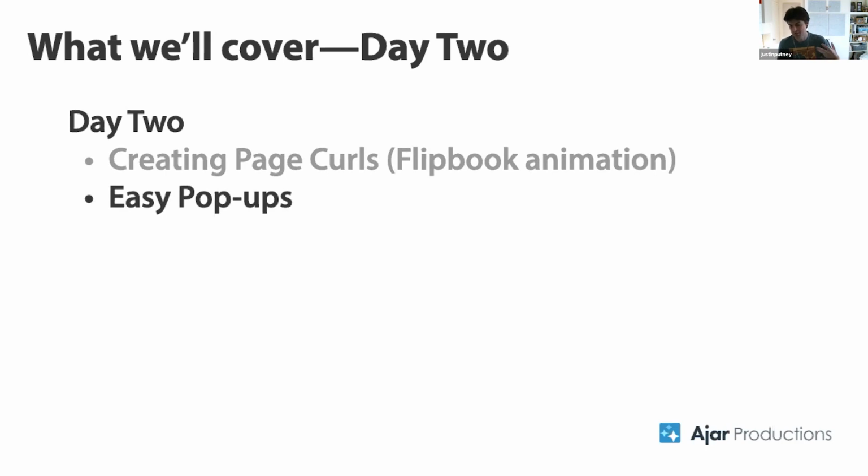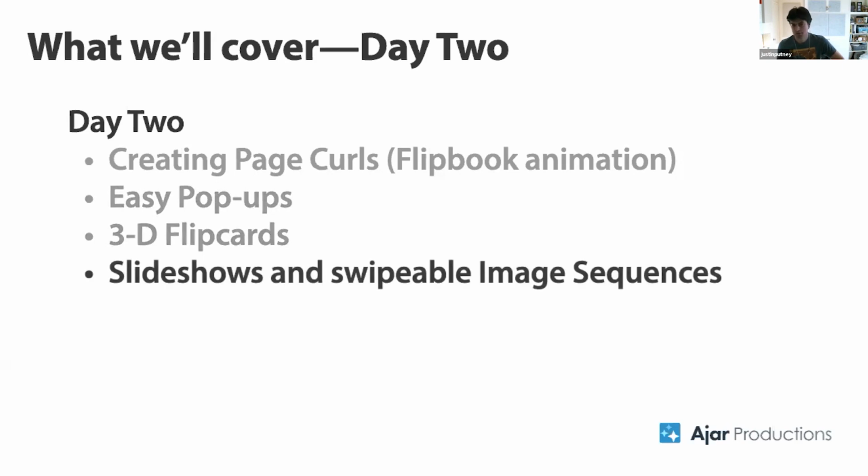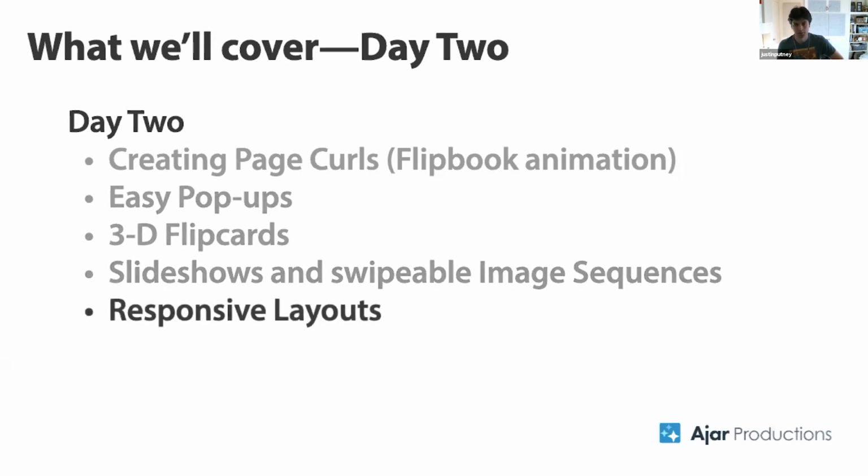It makes it easier to make pop-ups, which are one of the things we're going to look at creating with multi-state objects. And we're going to create 3D flip cards, slideshows, swipeable image sequences, and we'll look at actually creating responsive designs using InDesign and In5.